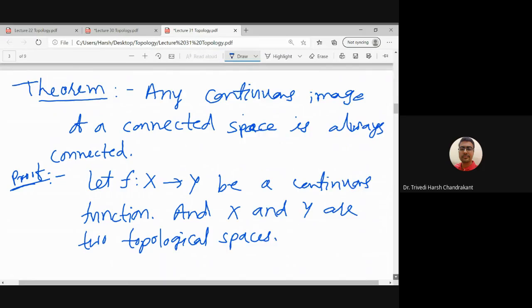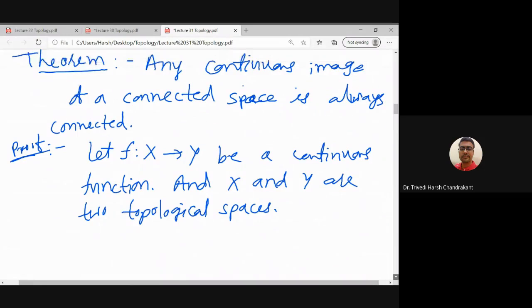So we want to show that the image of f is connected. The image of f is f of X, and f of X is always a subspace of the codomain, right?